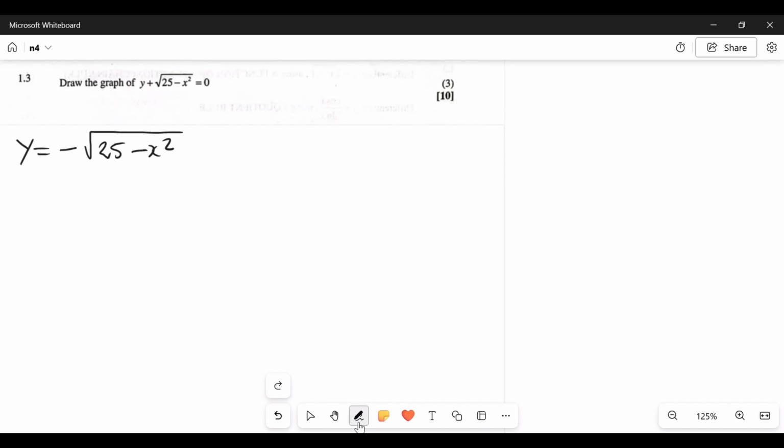So in order for us to draw the semicircle, we need to know the radius. Remember, this equation is coming from this. This is the general equation for the semicircle: y equals plus or minus the root of r squared minus x squared. So in order for us to draw this graph, we need to know what r actually is. From what we have been given there, we know that r squared is equal to 25.